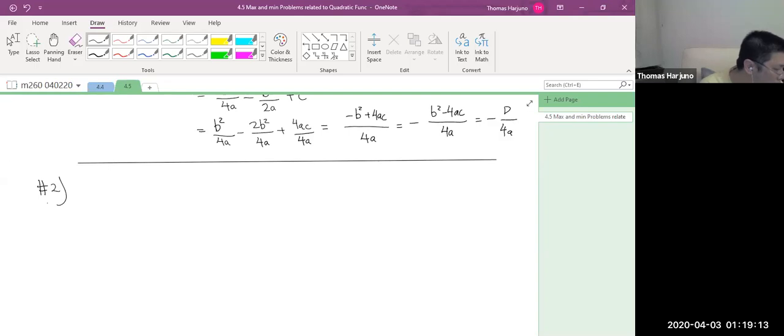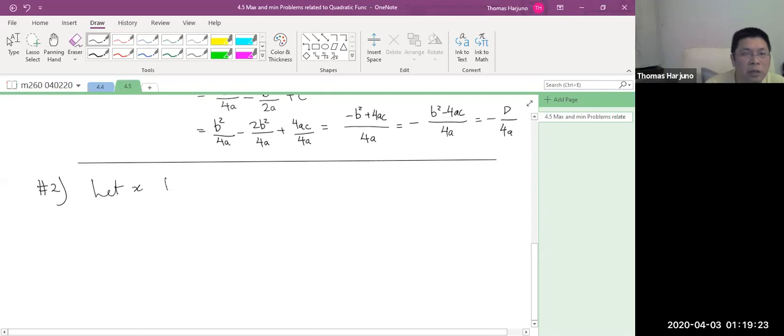Find two numbers adding to 20 such that the sum of the squares is as small as possible. So let x be one of the numbers. You can say this x and y, and then x plus y equals 20.